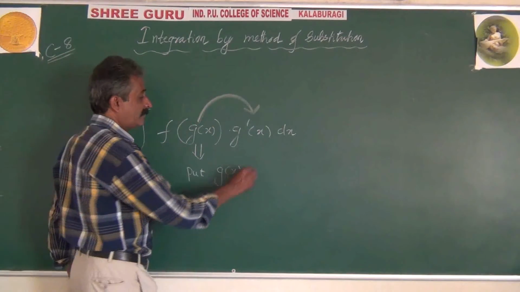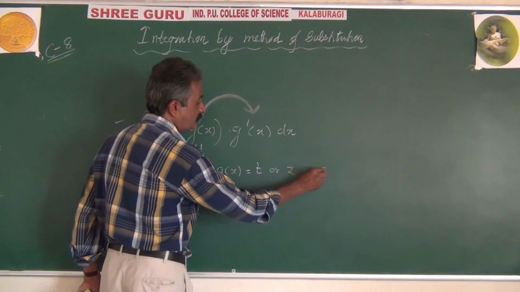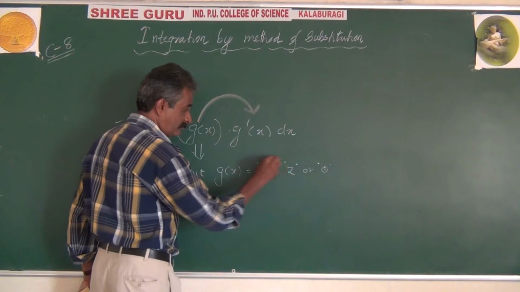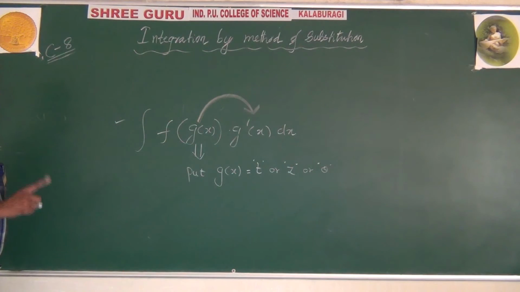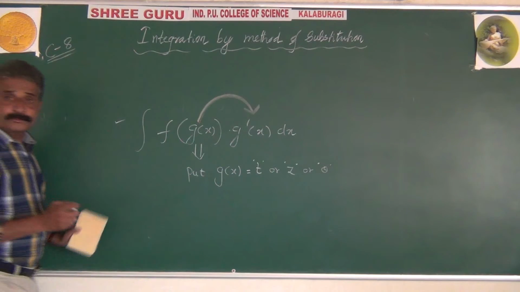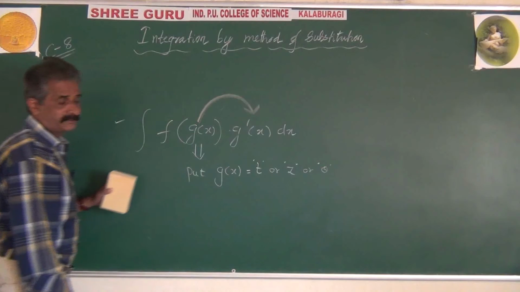Take another variable like t or z or theta. Any one, but not all. Observe, we are taking the substitution for g of x because there is a support of g dash of x.